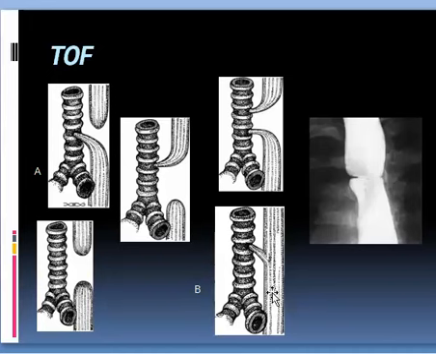So the water soluble contrast will go into the trachea. We are using diluted barium here. This is the site where the reconstruction can appear after operation. Reconstruction of a tracheoesophageal fistula can appear like this.